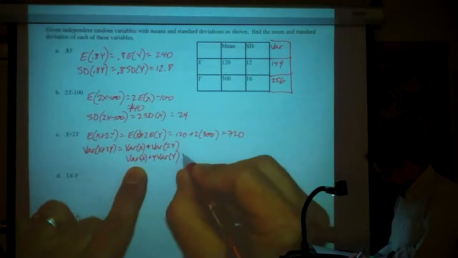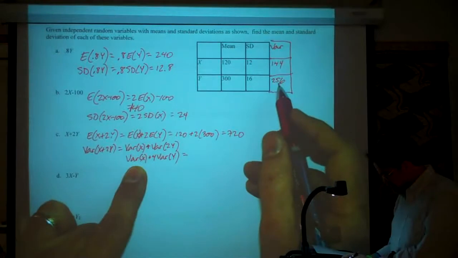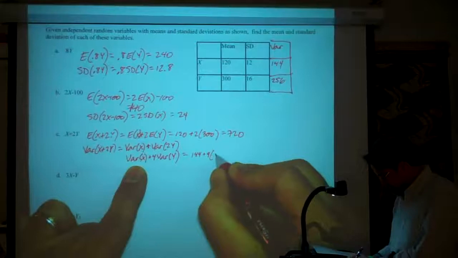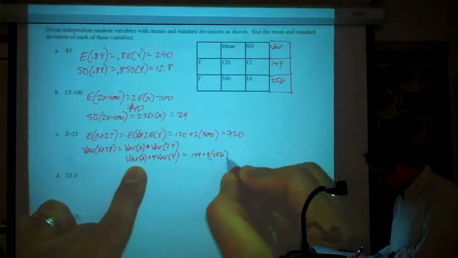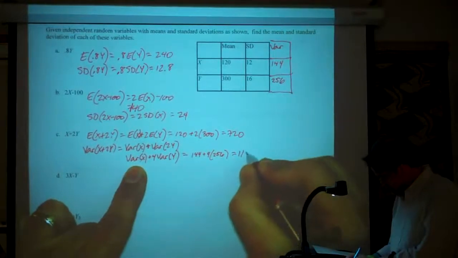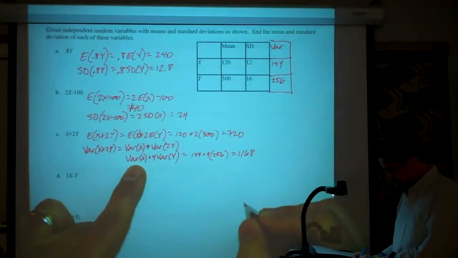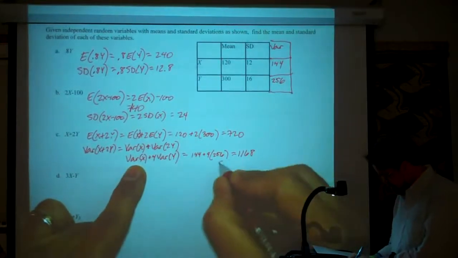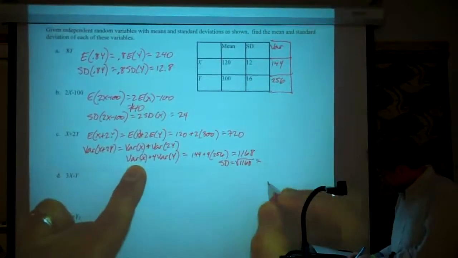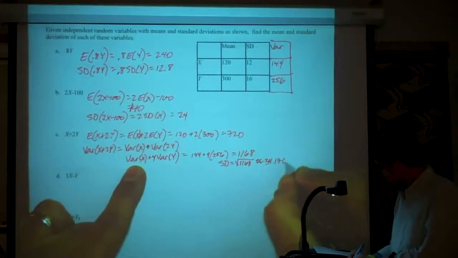So now we add up these variances: the variance of x, which is 144, plus 4 times 256, and that comes out to 1,168. That's my variance. How do I calculate the standard deviation? Standard deviation is the square root of the variance, so it's approximately 34.176.